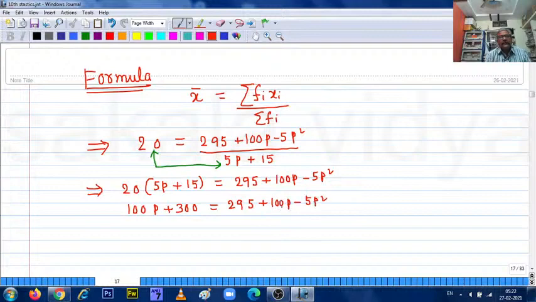If you bring 100p to this side, the 100p cancel. Bringing minus p square to this side, you get 5p square plus 300 is equal to 295.